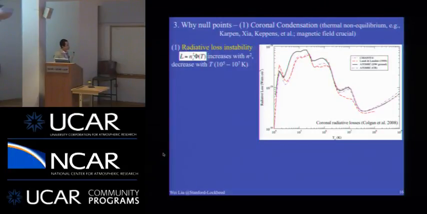One important feature is the so-called condensation process, where thermal non-equilibrium occurs. Basically, that's because the radiative loss function of the coronal material is a decreasing function of temperature from about 10^5 to 10^7. So in this region, if you have a temperature perturbation, some sort of cooling, it will go into a runaway cooling instability.